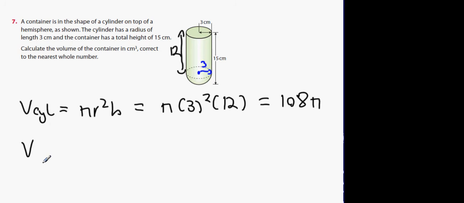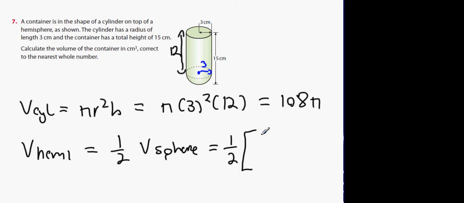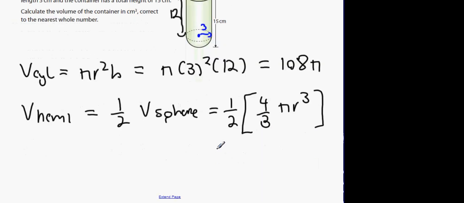The volume of a hemisphere. So what we're going to do is go and get the volume of the hemisphere. The volume of the hemisphere is half the volume of a sphere. So use the volume of a sphere formula. It's going to be a half of whatever 4 over 3 pi r cubed is. So it's going to be 4 over 3 multiplied by pi.